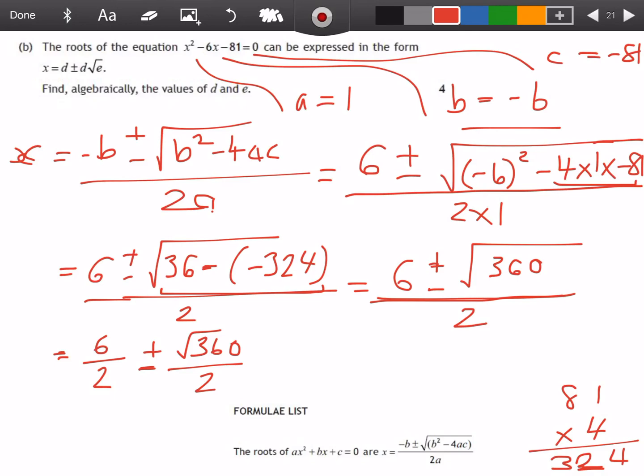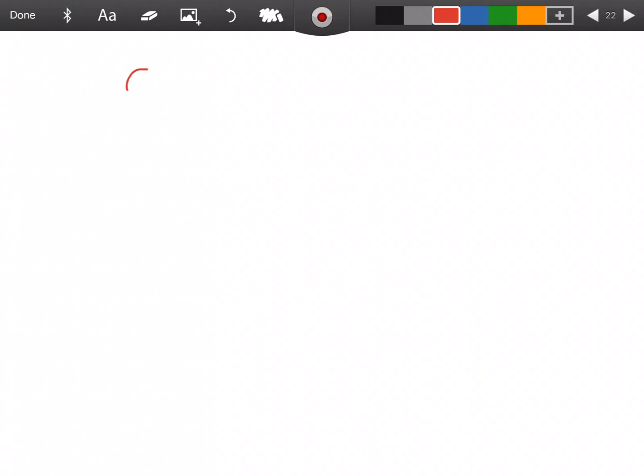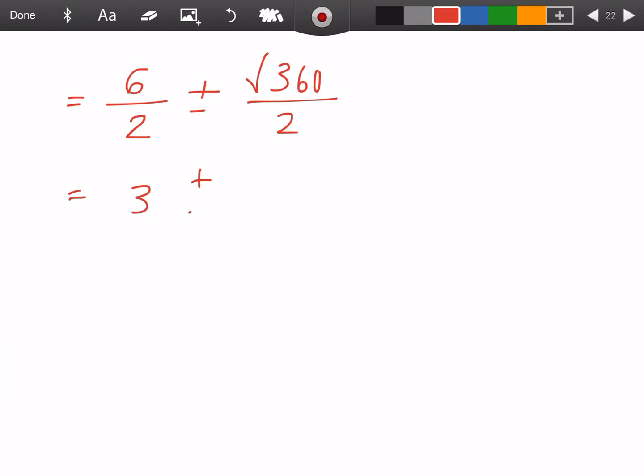I'm going to take this on to the next page. That was us. We just need to make this look a bit more like what they were looking for. 6 over 2 is obviously 3. We need to tidy up this wee bit, root 360.